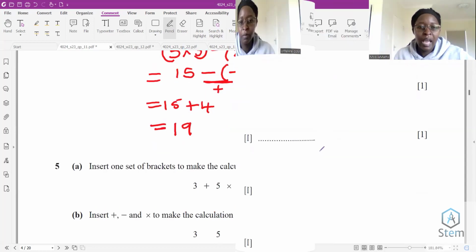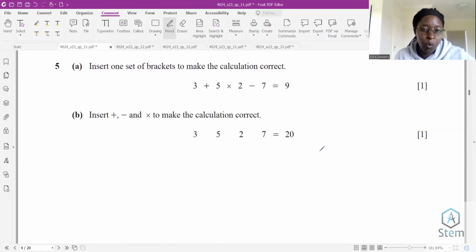Let's move on. Insert a set of brackets to make the calculation correct. Okay, fine. So you just need to put some brackets and see if the expression is going to be correct. So for example, if I say 5 plus 3 there, I get 8 times 2, that's 16, minus 7, that gives me 9.